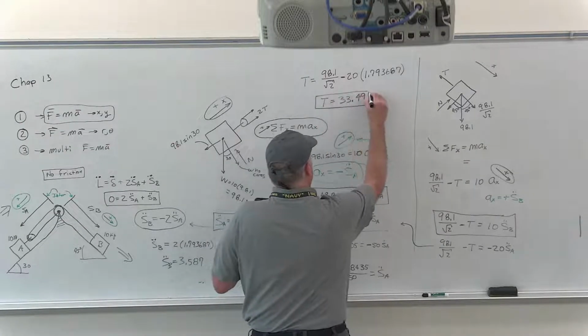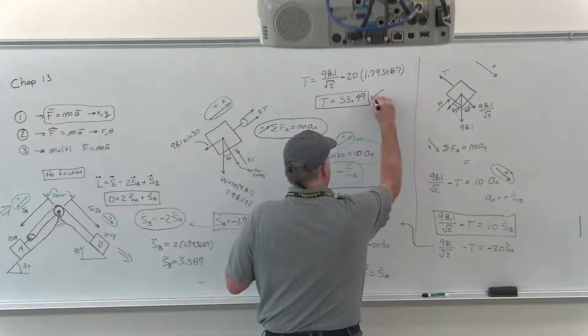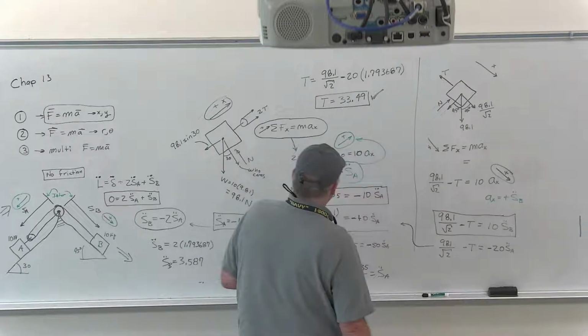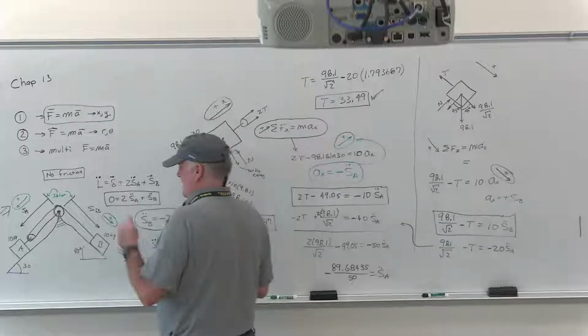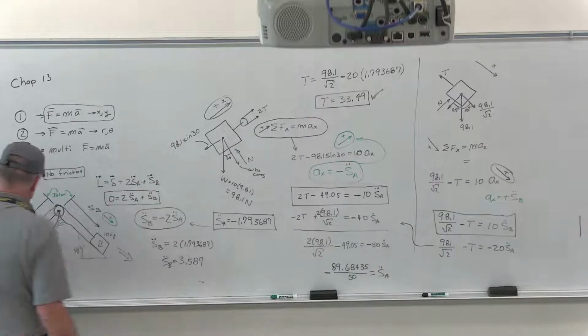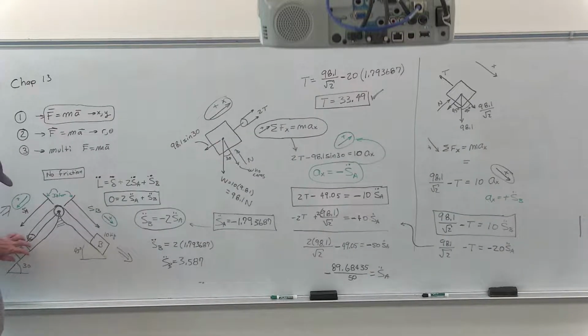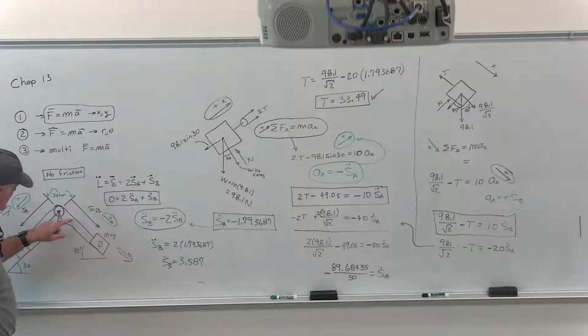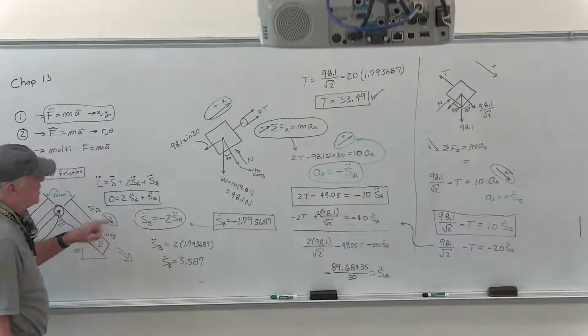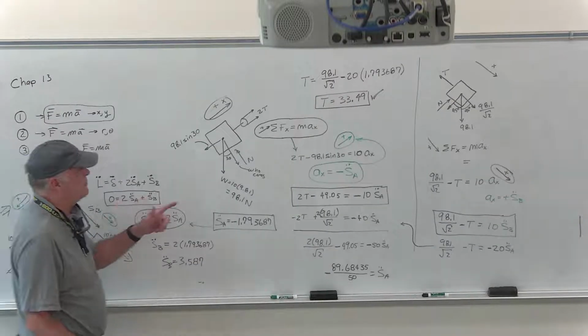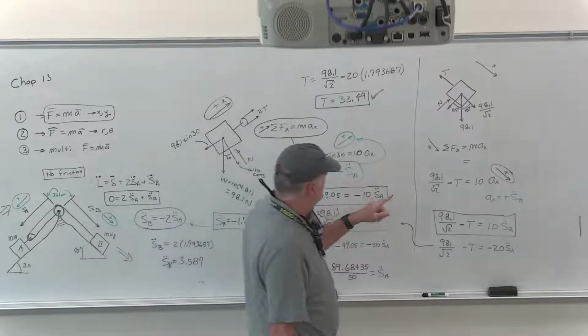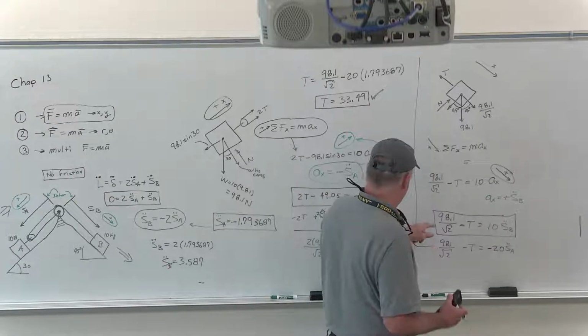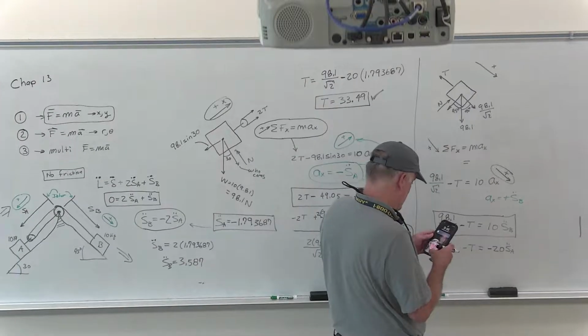Now, this one's interesting to look at. Here's why. If I held my hand here, there wouldn't be any movement, and then the tension of this rope would be offset by the weight over here. Now, I don't know that I ever actually found that value.